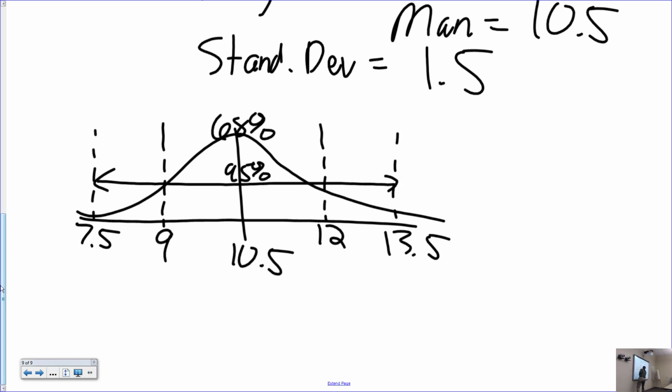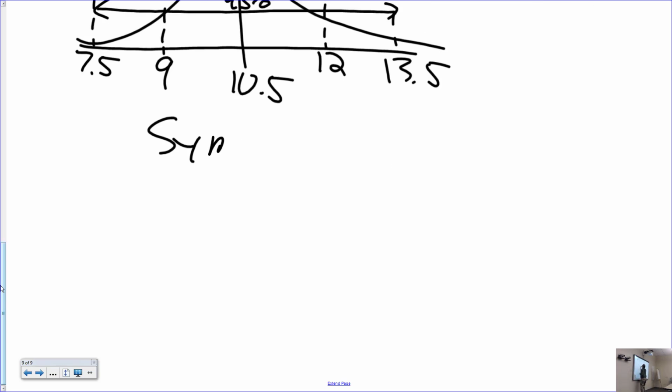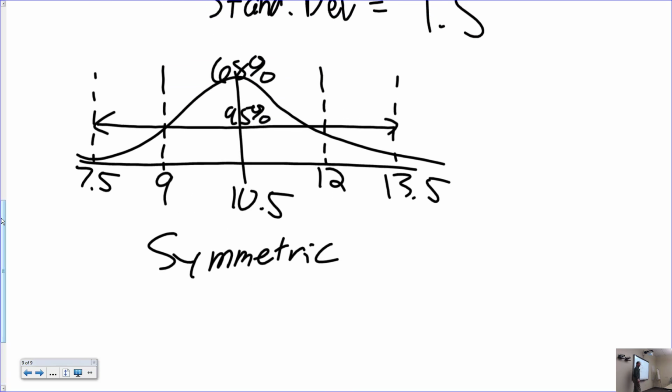All right, now note, folks. This graph is symmetric. What does symmetry mean? It's the same on both sides. Okay, cool. So, what percentage of men have a shoe size between 10.5 and 12?